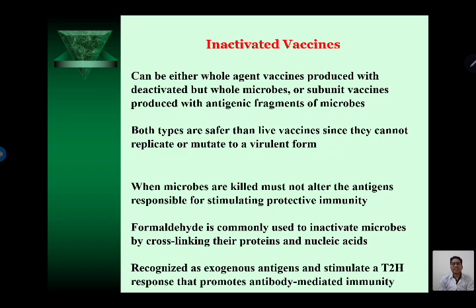Both types are safer than live vaccines, since they cannot replicate or mutate to a virulent form. When microbes are killed, the process must not alter the antigens responsible for stimulating protective immunity. Formaldehyde is commonly used to inactivate microbes by cross-linking their proteins and nucleic acids.